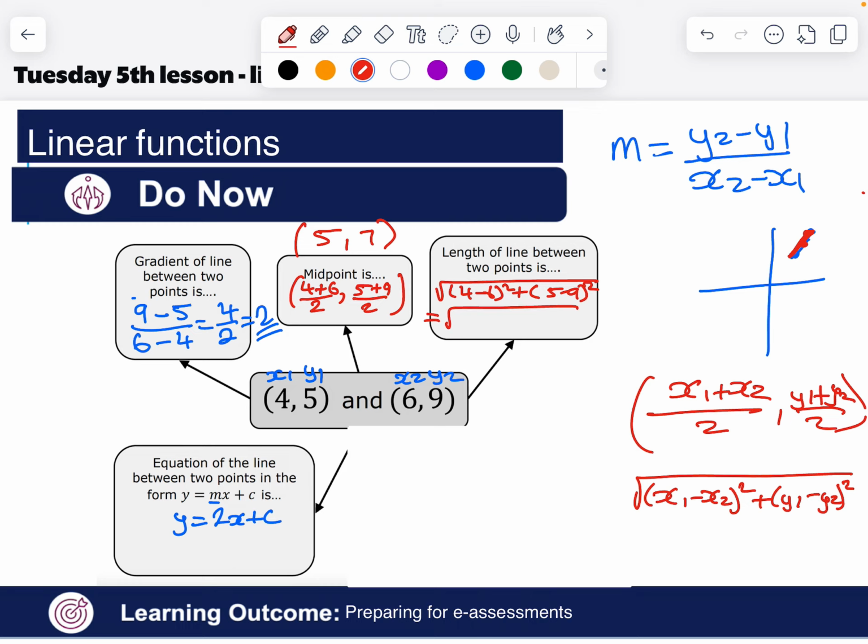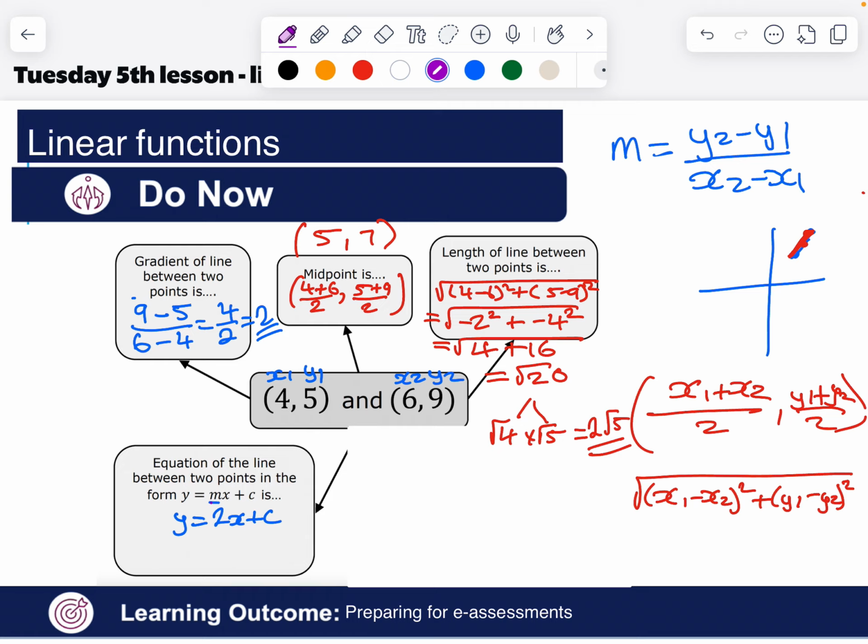If we simplify it, negative 2 in the first one, negative 4 in the second one. When you square negatives, they become positives anyway. So 4 plus 16, which is root 20. Don't forget, we can simplify this because root 4 times root 5 is root 20, and the square root of 4 is 2, and that is simplified.